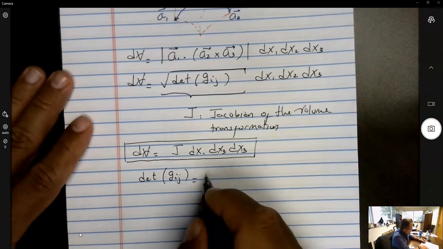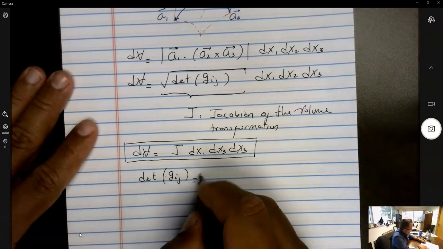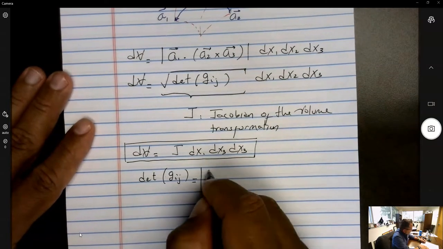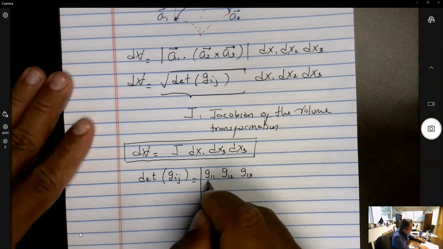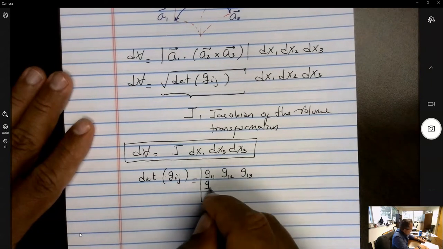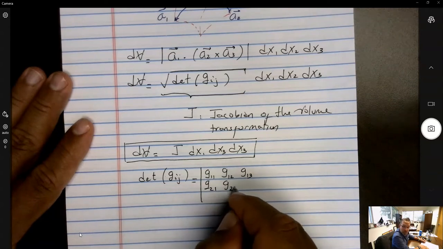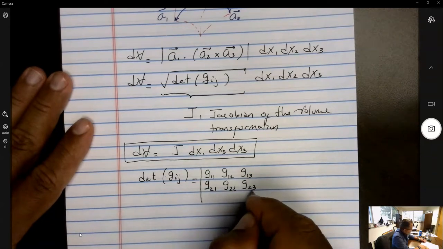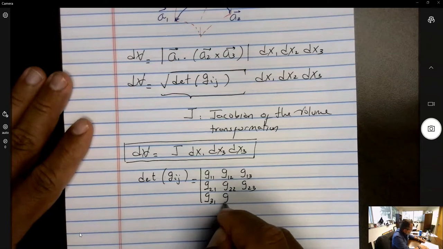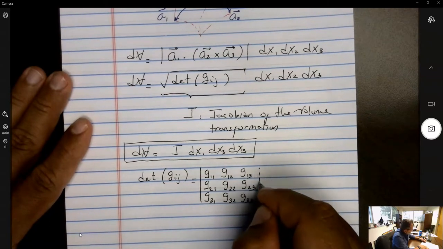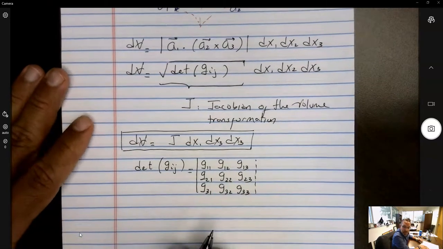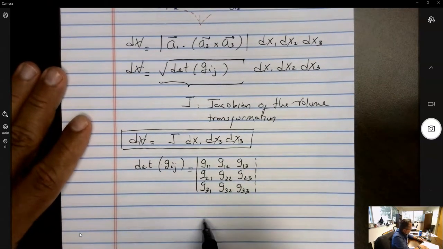To calculate the determinant of the metric tensor, remember this tensor is g11, g12, g13, g21, g22, g23, g31, g32, g33, and you might have different ways of calculating the determinant of a matrix. You can augment this vertically.